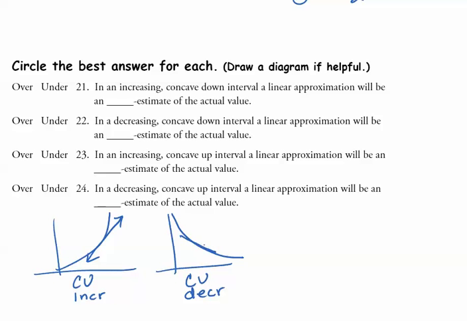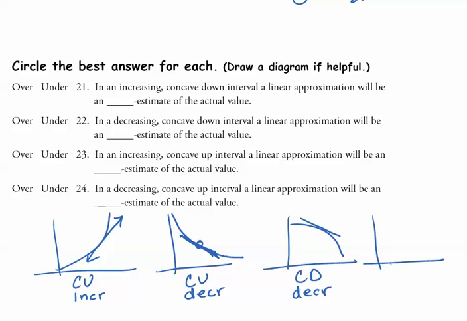But our tangent lines would still be below the graph. And what does concave down look like? Concave down decreasing. And concave down increasing. So it really doesn't matter whether it's decreasing or increasing. Don't be fooled by that.